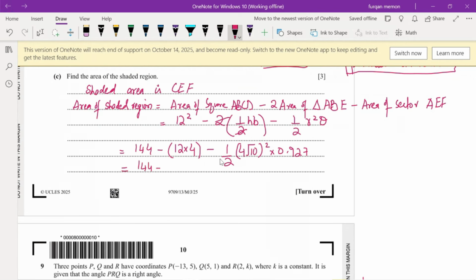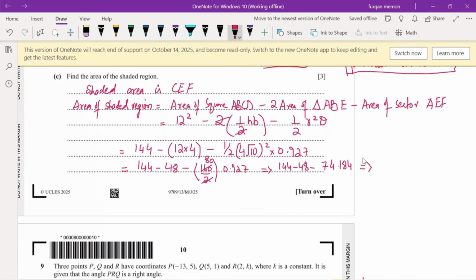Further solving, we will get 144 minus 12 times 4 is 48, minus, when we solve it, 160 over 2 times 0.927, and this one will be 80. And when we solve it, 144 minus 48 minus 74.184.